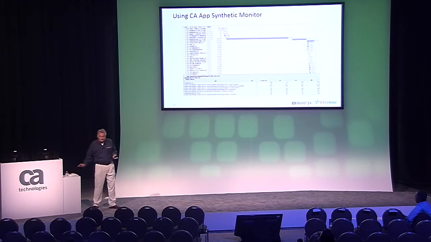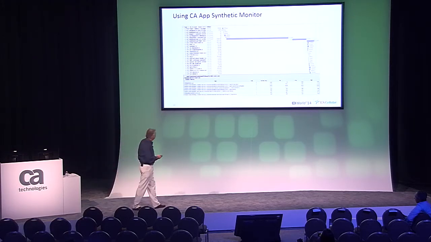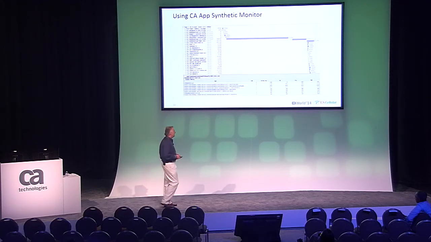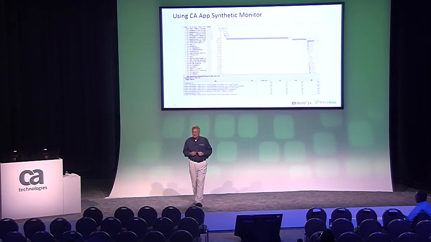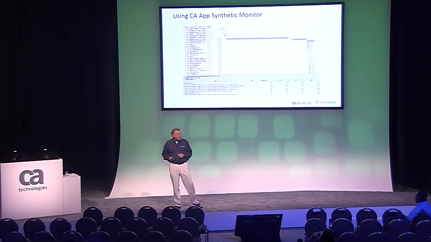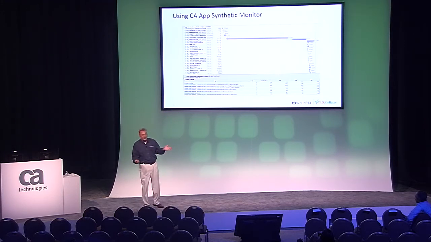So now I know, well, is this Dashboard JSP? I have a Wiley agent on there. Let's do a trace. Let's see what's happening within the Dashboard JSP while this is all going on.